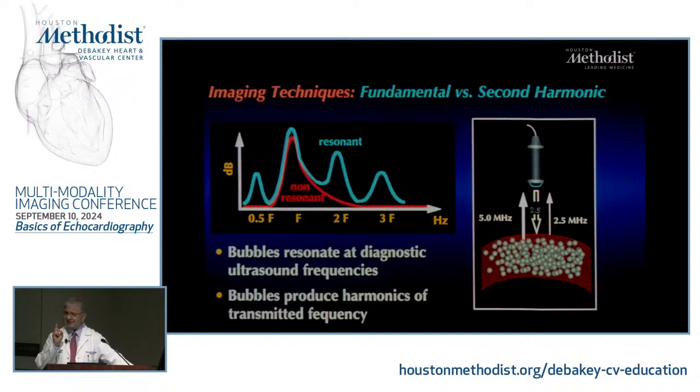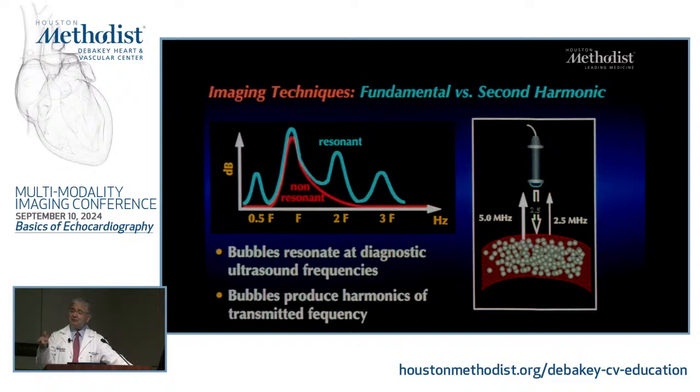My image is clearer. And if you remember the first two slides, my resolution may not be higher because I'm sending the fundamental frequency at a lower frequency, as opposed to a 5. If I'm sending a 5 and listening at 5, okay, I have a high frequency and I have a better resolution.